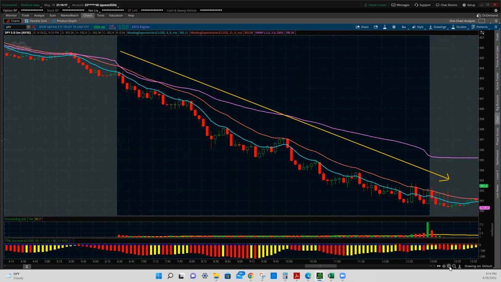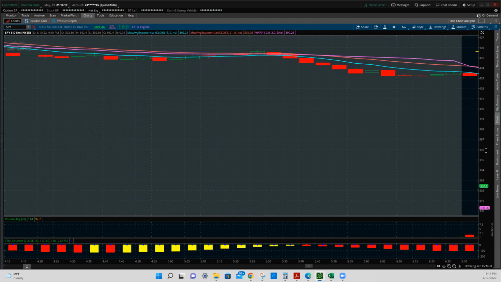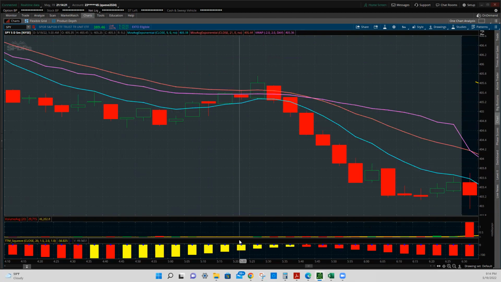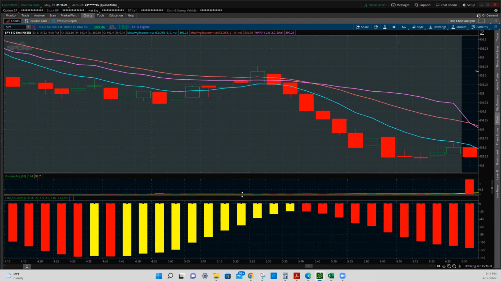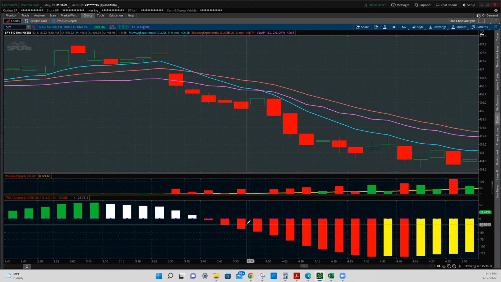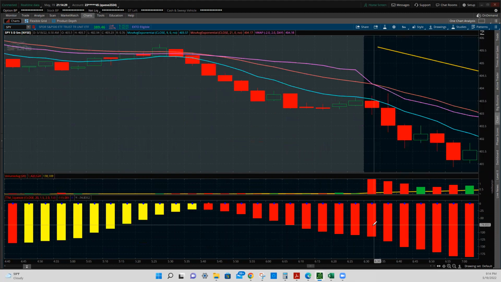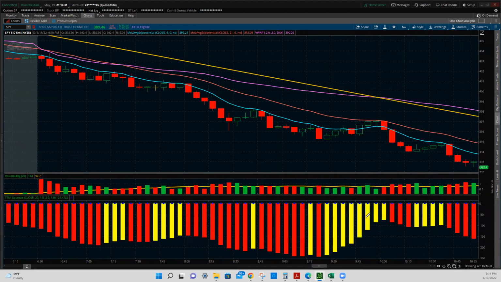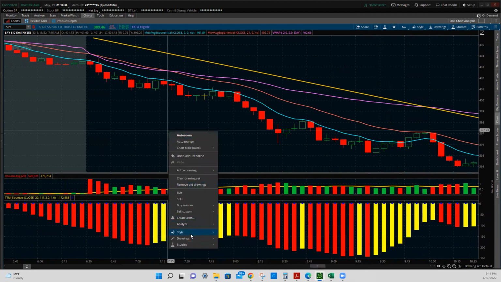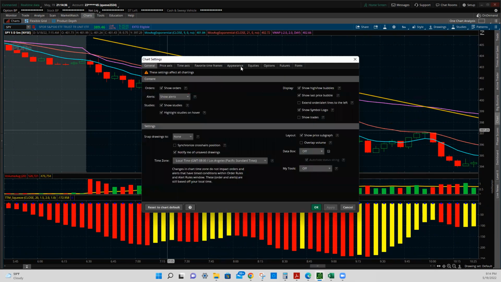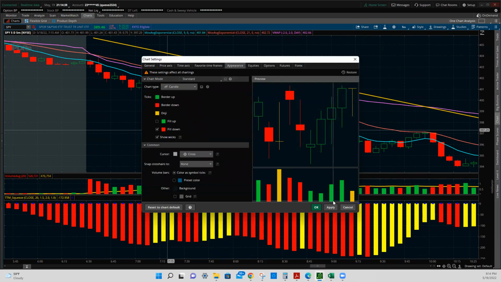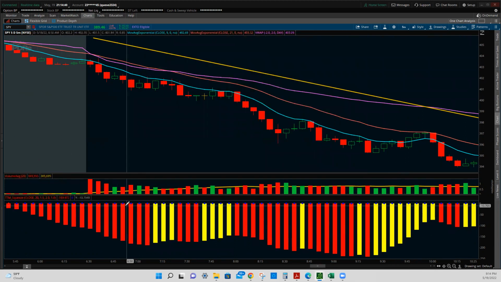The first thing you want to take a look at is the color of the dots. Let me make it bigger and get rid of these grid lines. The color of the dots indicates what's called the squeeze.